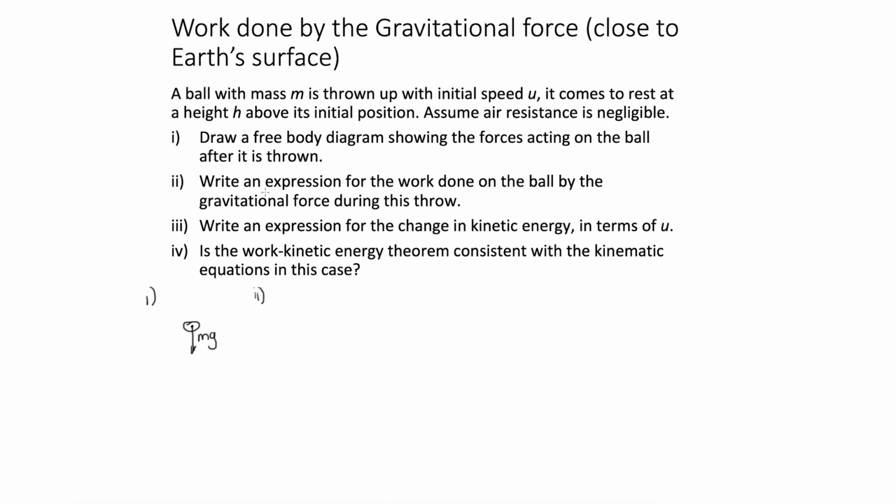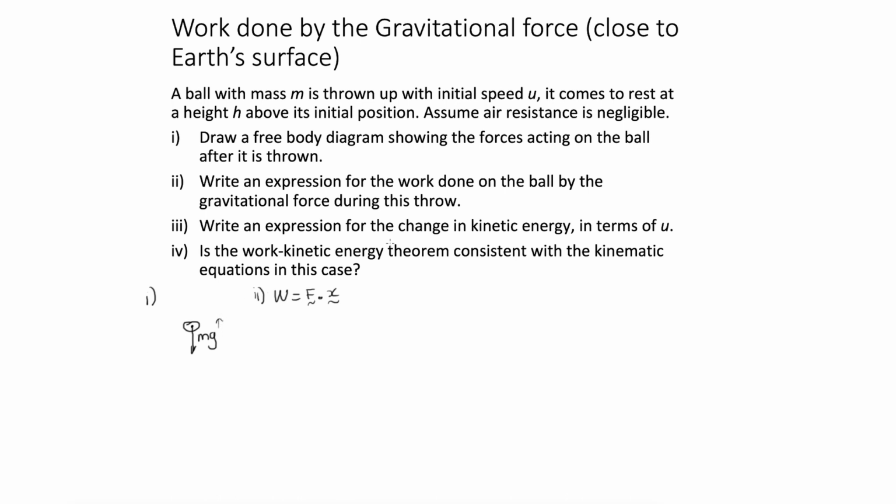We're told to assume that air resistance is negligible, so this is all that we need to consider. Now part 2 says write an expression for the work done on the ball by the gravitational force during this throw. Okay, so I think by this throw it means after it's been released, so as it's going up to this maximum height here. So the work done is equal to the force dotted with the displacement. Now in this case the weight force is down and the displacement is up.